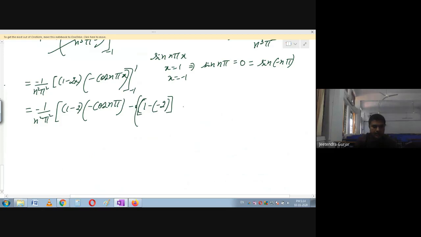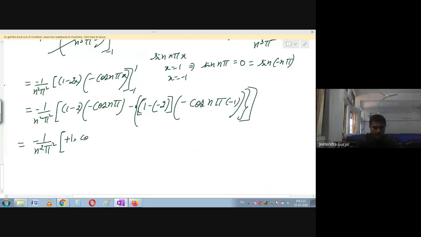I will keep this minus outside only. So this will be again minus cos minus 1. Okay, students, don't get confused. So this is equal to minus 1 upon n square pi square. You can see 1 minus 2 will become minus 1. Minus into minus will become plus.